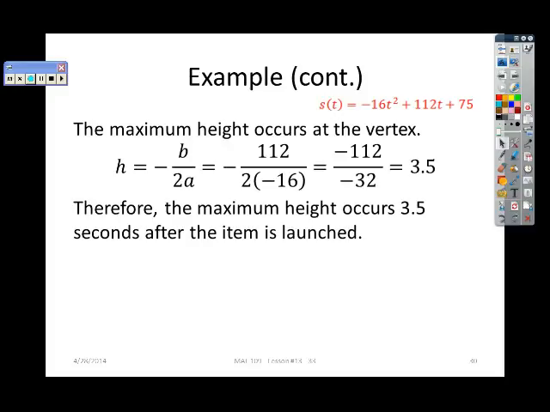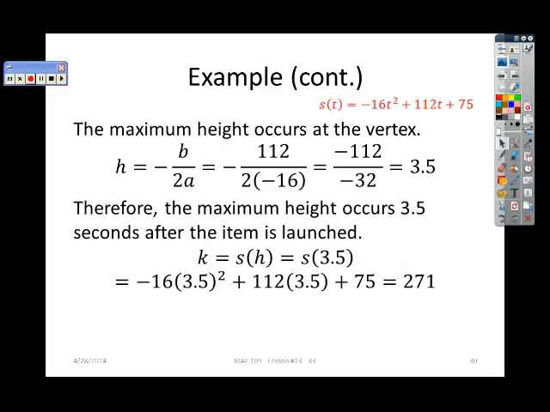At this point, we could answer that first question, because that's a time. Remember, the horizontal is time, and that's the question to ask. What time? Well, it's 3.5, which means 3.5 seconds. Second question, what's the height? Well, plug 3.5 in for t. You get 271. The maximum height is 271 feet.